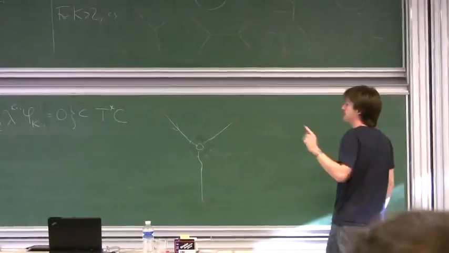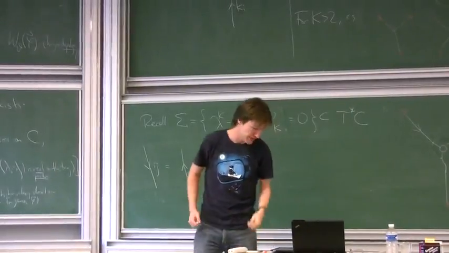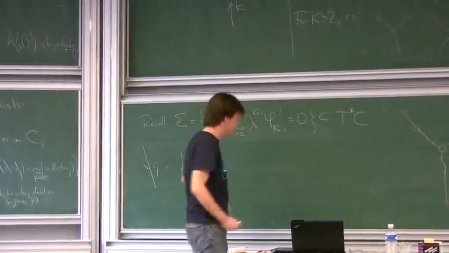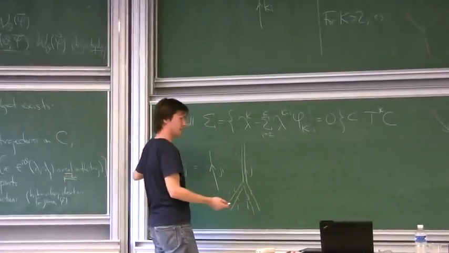Okay. So I'm trying to describe the Donaldson-Thomas invariants attached to these things, or at least I'm trying to tell you what the charge lattice is. Well, Maxime already said what the charge lattice is, but I'll say it again.